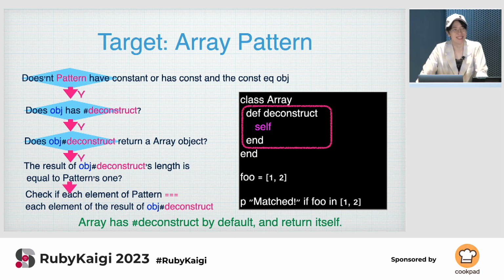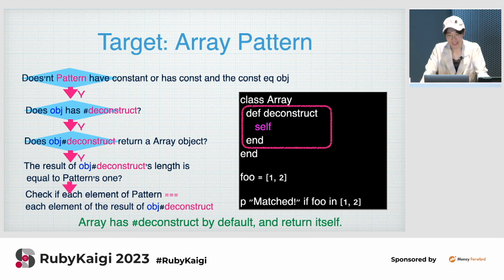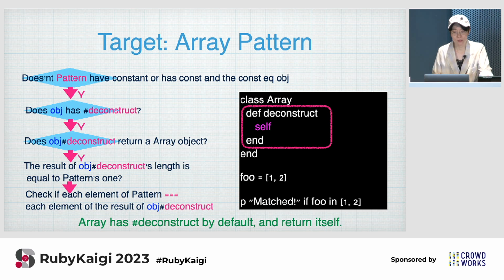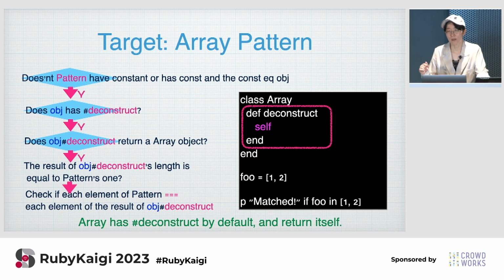Right side is a sequence of array pattern, and the object is checked whether it has the deconstruct method, and then the result of the deconstruct method is used. But when the object is an array, deconstruct is always implemented by default and returns itself.